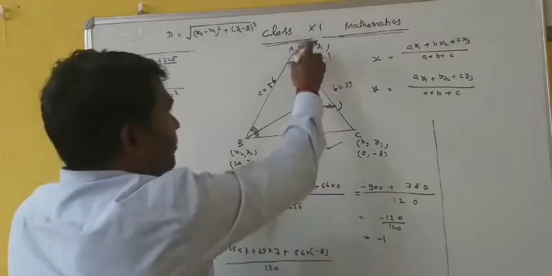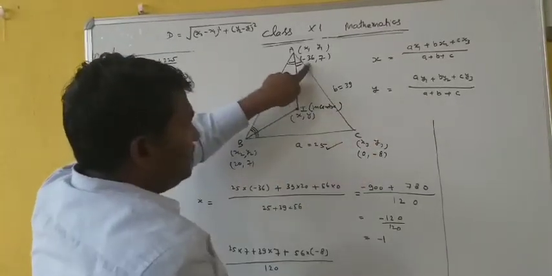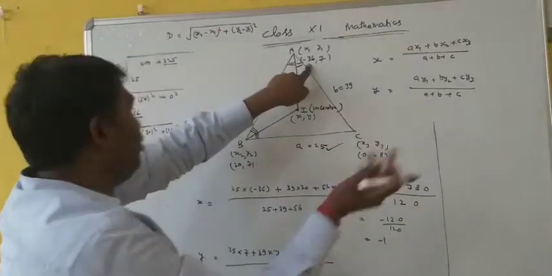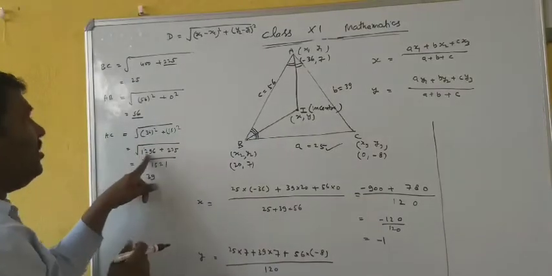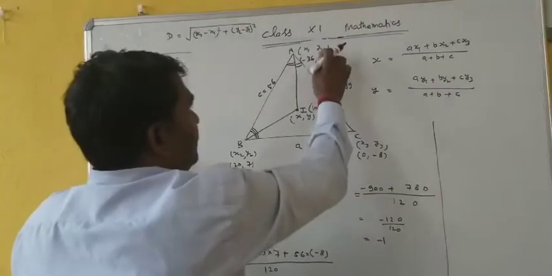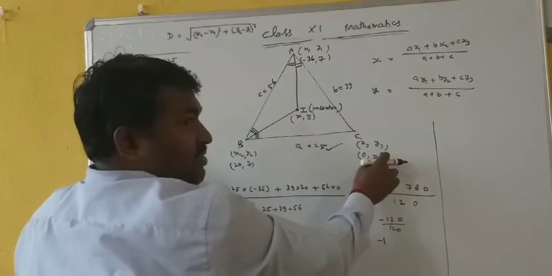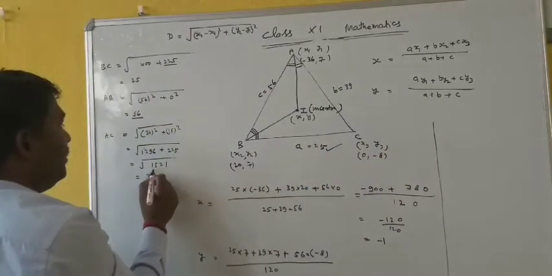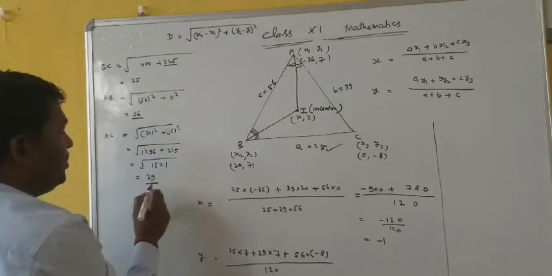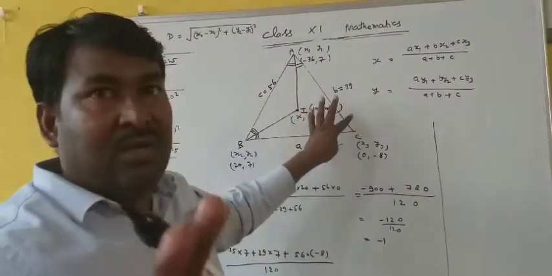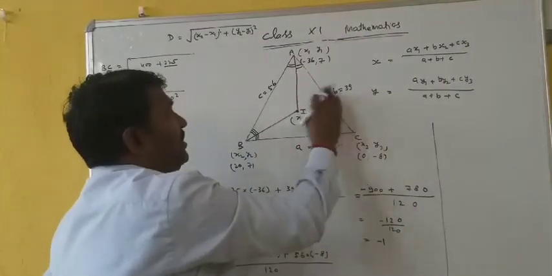Similarly for this side, minus 36 minus 0 is minus 36, whole square, 36 squared, which is 1296, and 7 minus minus 8 is 15, whole square, 225. Adding gives 1521, and its square root is 39. In this way, all sides are 25, 39, 56.